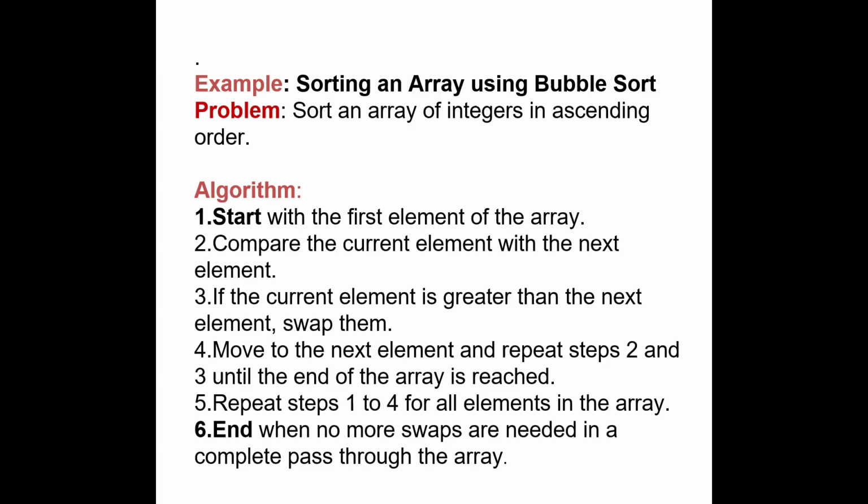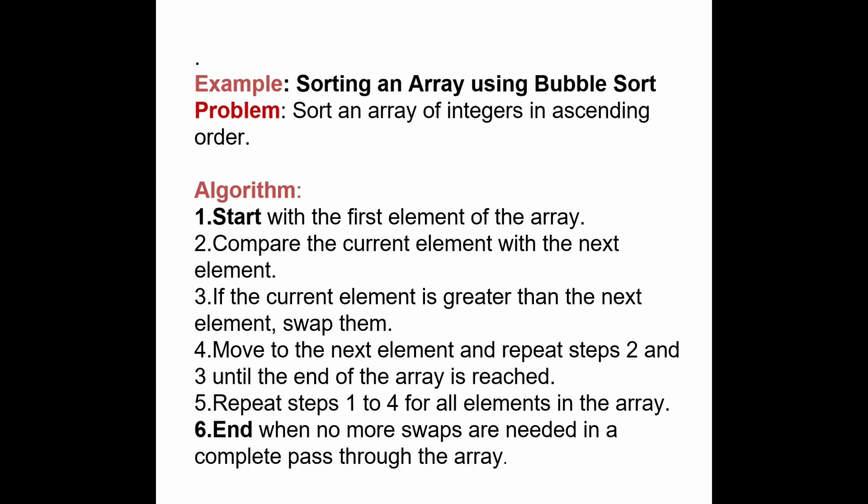Move to the next element and repeat step 2 until the end of the array is reached. So the first number is compared with the second one, and if the second one is small, the first one is greater, then we need to swap. Like that, the first number is compared with all other elements.